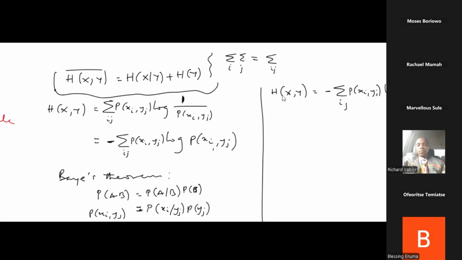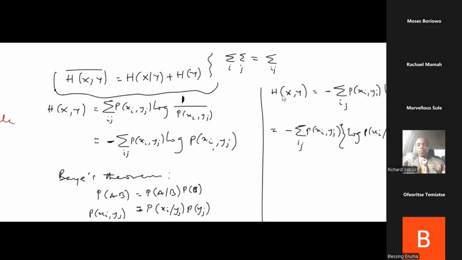So with this, we can blow this up because this multiplies everything here. This will now be the same as negative sigma ij p of x_i, y_j. Then we can open up this bracket to say log of p of x_i given y_j plus p of y_j, right?